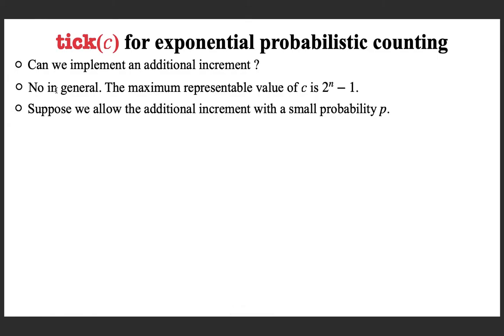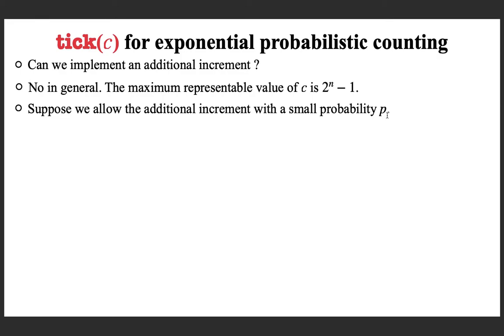But suppose we allow the additional increment. If you allow that, definitely the system will crash due to overflow if you increment the maximum value. But assume that the probability of that error is very small.